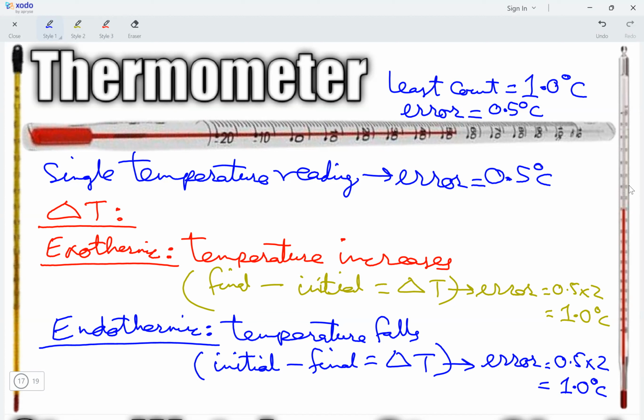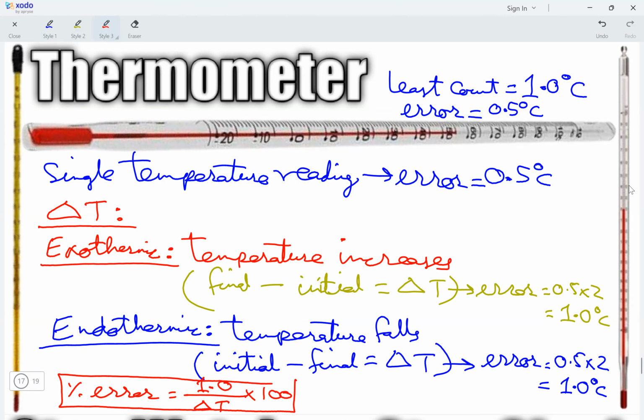So in order to calculate the percentage error in measurements of delta T, the percentage error would be equal to 1.0 upon whatever the difference in temperature is, as in whatever delta T is, into 100. So this would be the formula used to calculate the percentage error in measuring the difference in temperature.